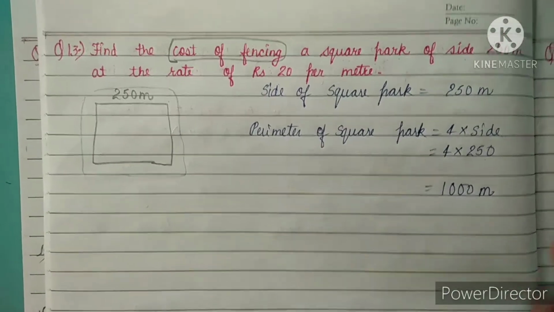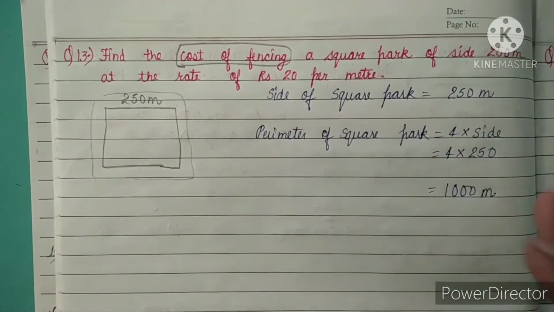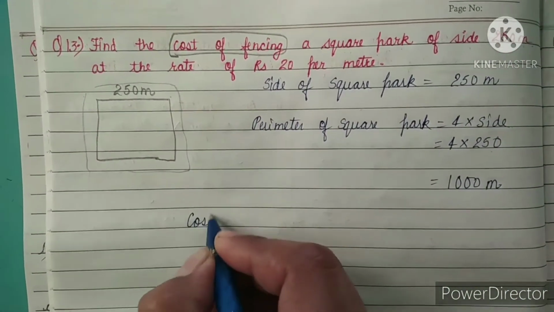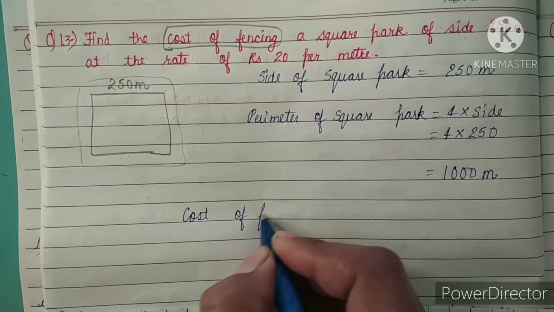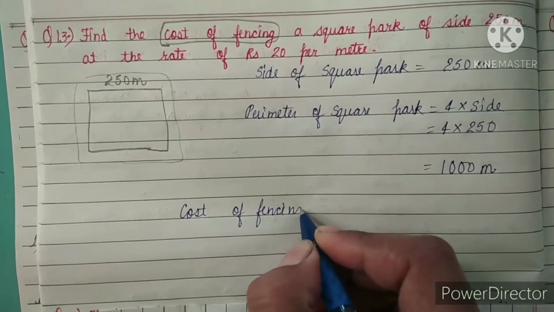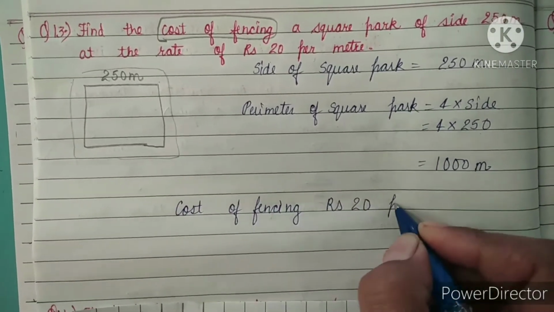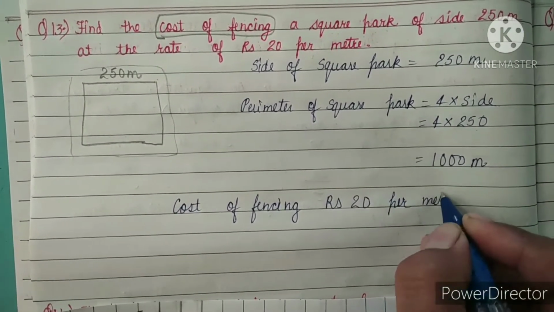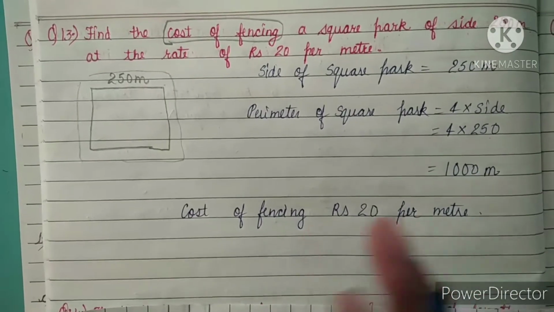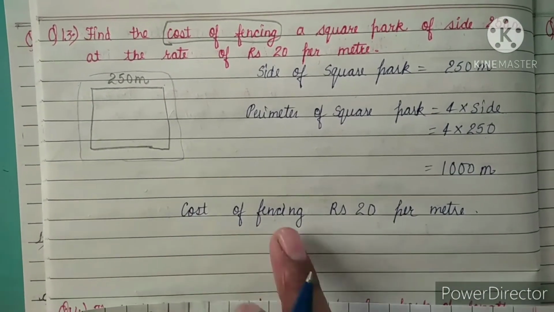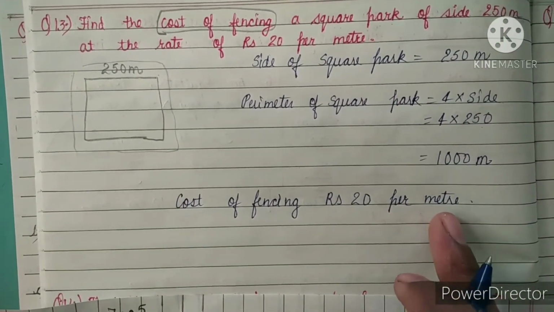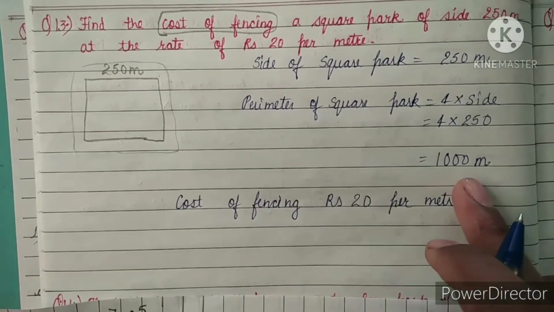And the cost of fencing is rupees 20 per meter. This is the cost of 1 meter. But we have how many meter?